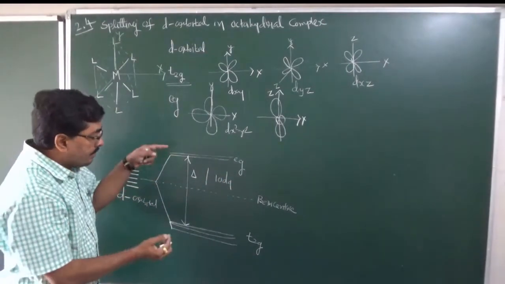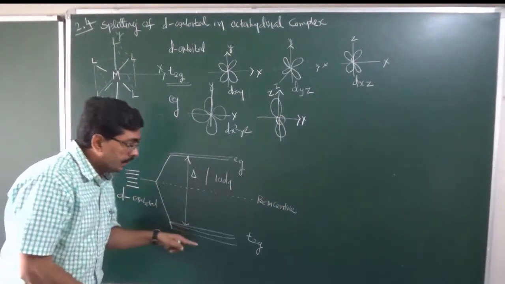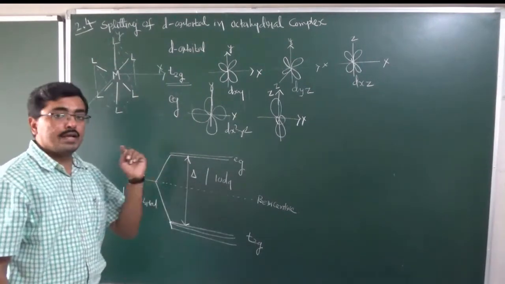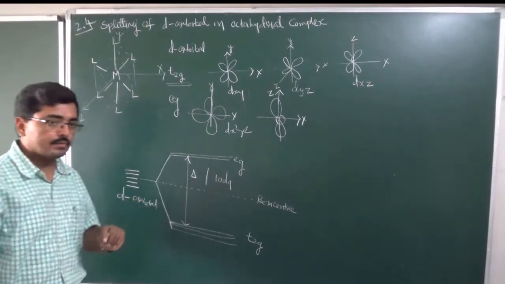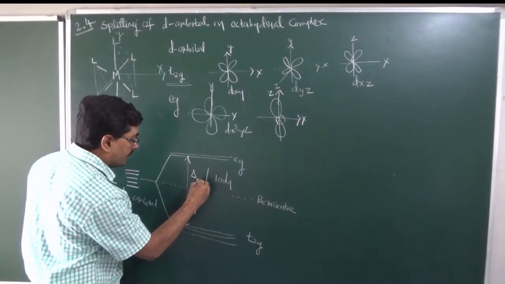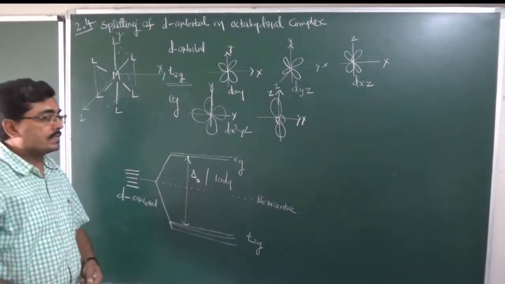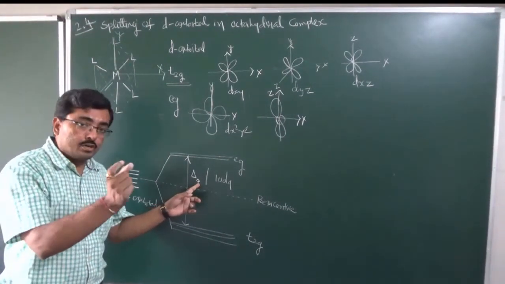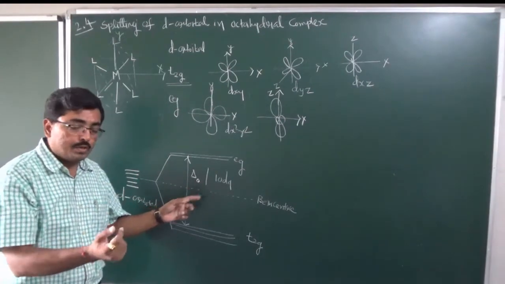The energy of Eg orbital increases, the energy of T2g orbital decreases. For an octahedral complex, this difference is denoted by delta O.